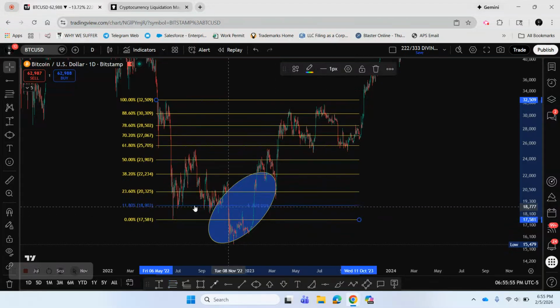Look at this sharp move, 11.8 in the trade, stop loss below, get out at 50, bam, 50, boom. Now imagine if it was back here, $1 billion worth of shorts sitting here. Everybody's betting on the downside, but the whales come in, push price up. All those people betting on the downside, they got to come back in. They got to close that order out.